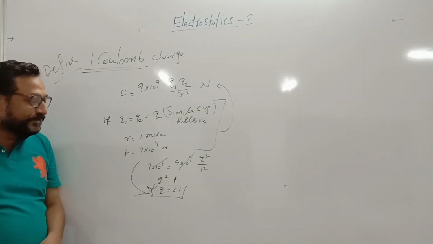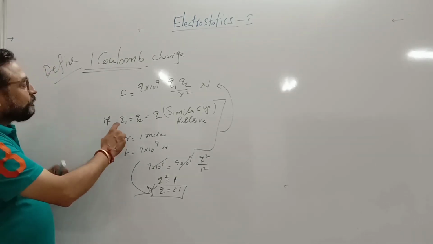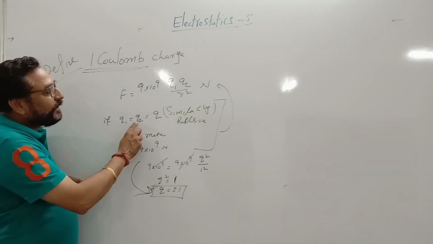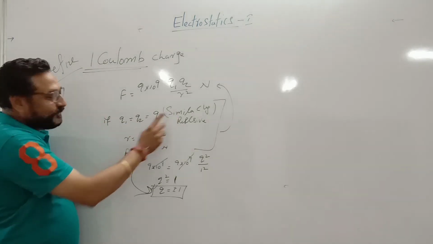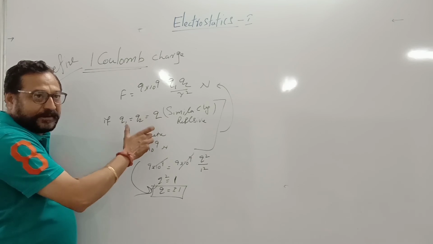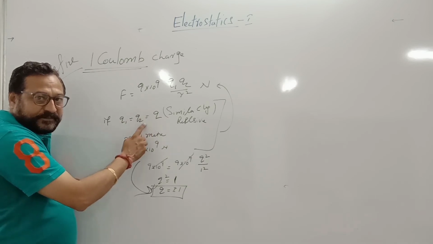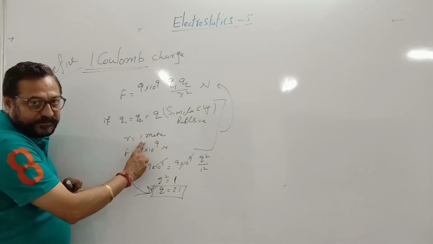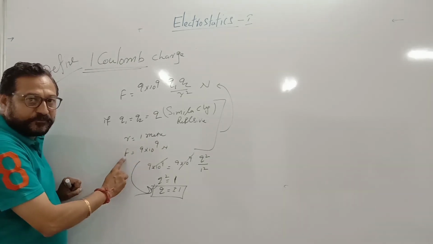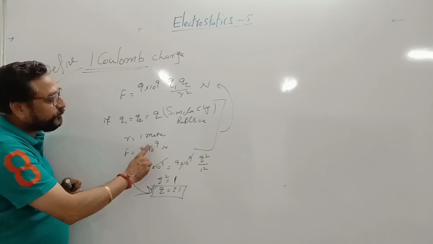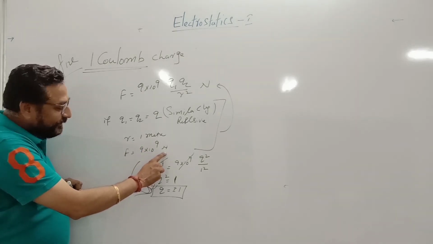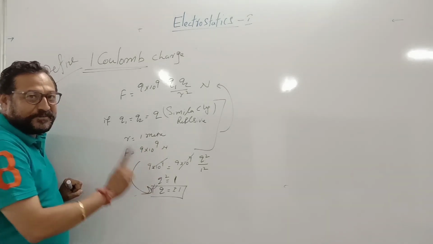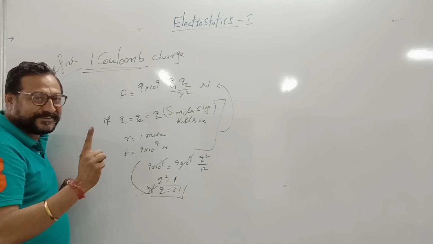I repeat again, please see. When two equal and similar charges are kept at a distance of 1 meter and experience a force of repulsion of 9 into 10 to the power 9 Newton, then each charge is called 1 Coulomb charge.